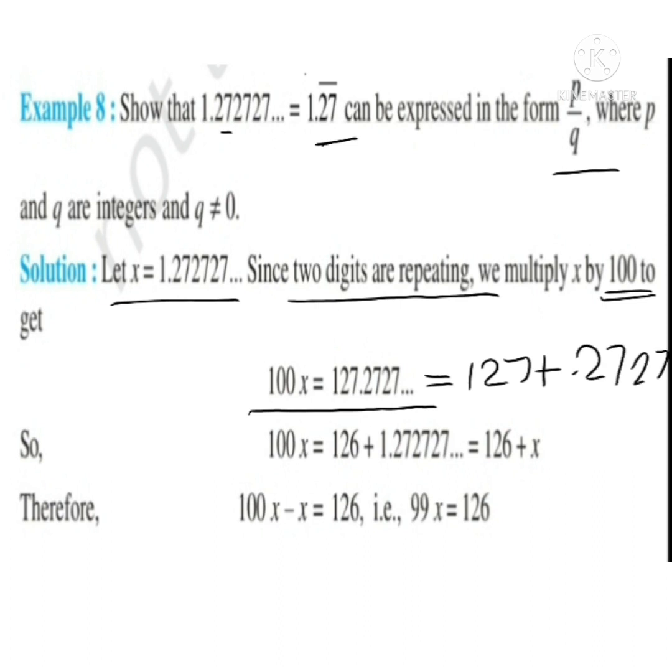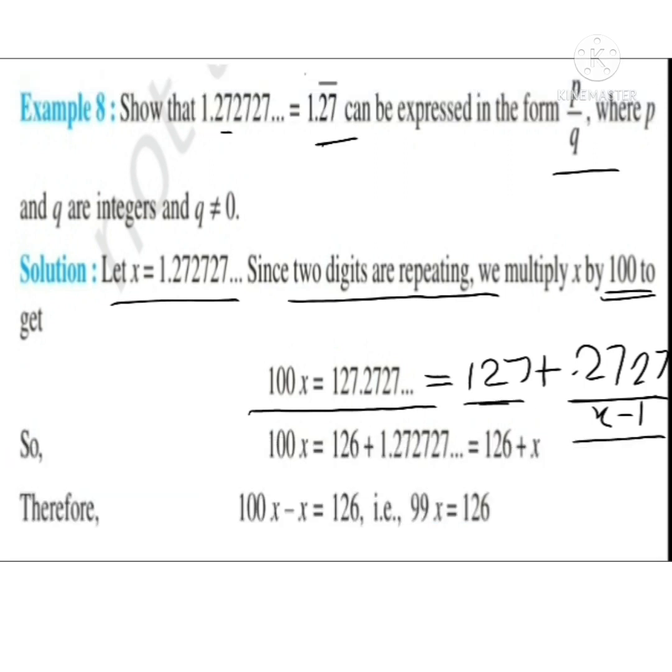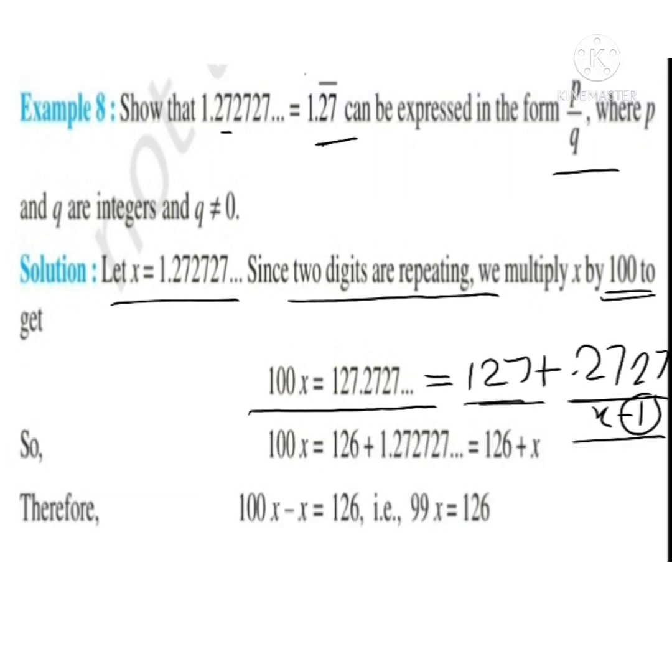Now it can be written as 127 plus 0.2727 and so on. And we have taken x equal to 1.2727, so 0.2727 can be written as x minus 1. So 127 minus 1, that is 126, plus 1.272727, so the answer will be 126 plus x.